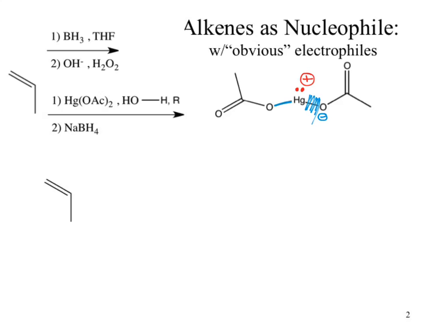Anybody think there's anything interesting with that? We have a positively charged atom with a lone pair. What can the positive act as? An electrophile. What can the lone pair act as? A nucleophile. We have a positive and negative on the exact same atom. Interesting. What do we have in our alkene?